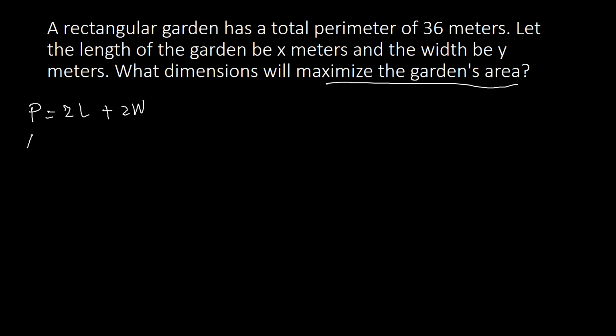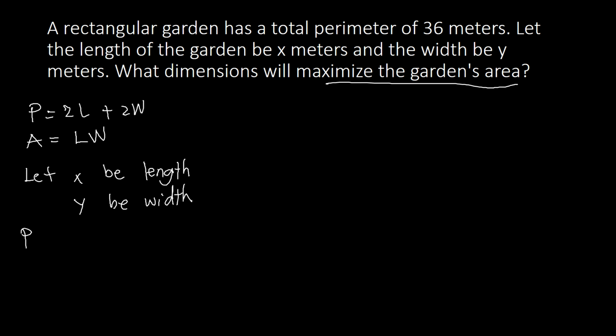And then our area of a rectangle is L times W. Now, if we let our x be, according to the problem, the length, and then our y be the width, and we are given that the perimeter is equal to 36 meters. So all we have to do is simply plug in that information first.